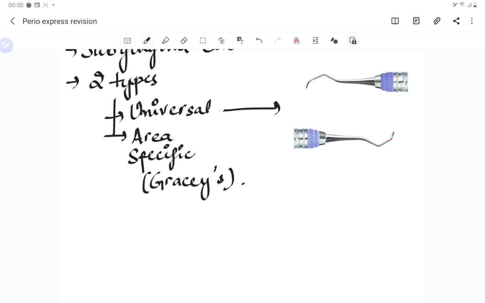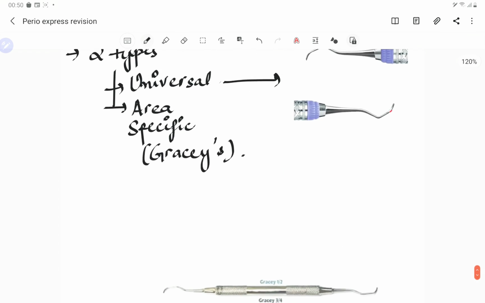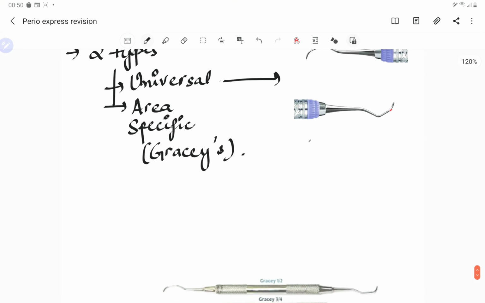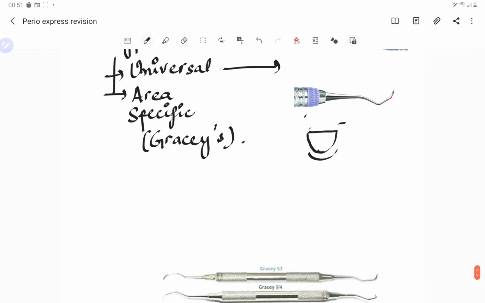They are designed for a specific area of the tooth, and all the curettes share common elements: they have a rounded back. If you cut a cross section, you will find that they have a rounded back and lateral cutting edges.